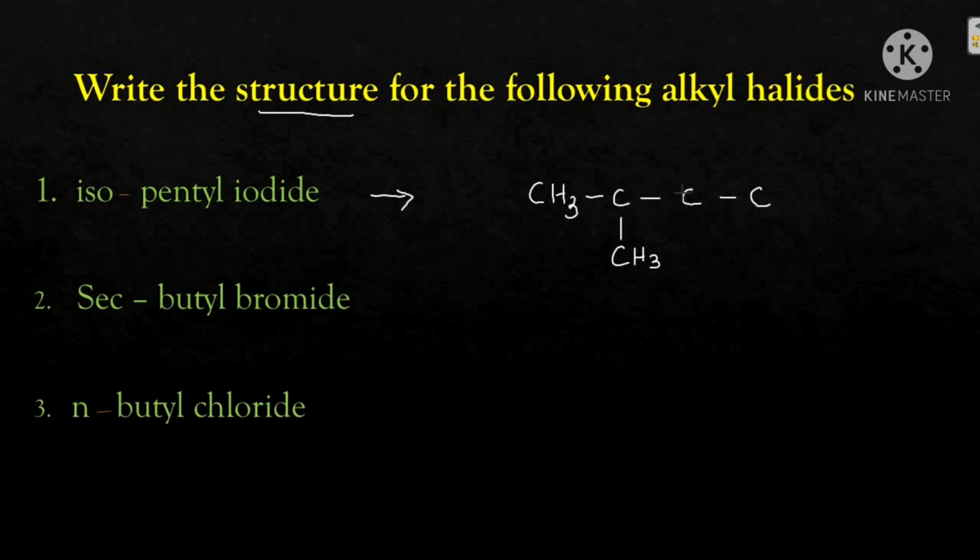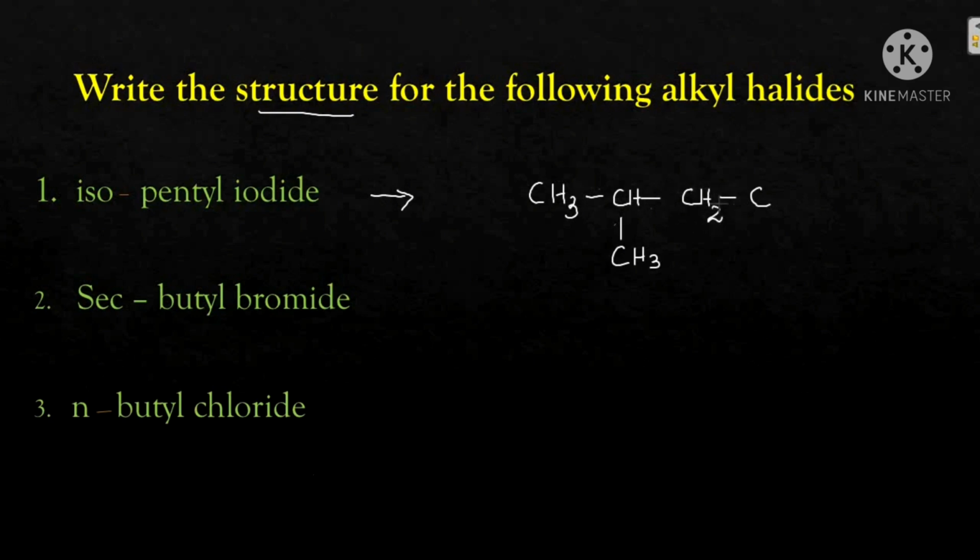Now you write the number of hydrogen atoms. So here 1, 2, 3. Already 3 bonds are there, so one more hydrogen we need to put here so that the valency will be satisfied for carbon. The valency of carbon is 4. Now check this carbon. Here 1, here 2, so you should add 2 more hydrogens.